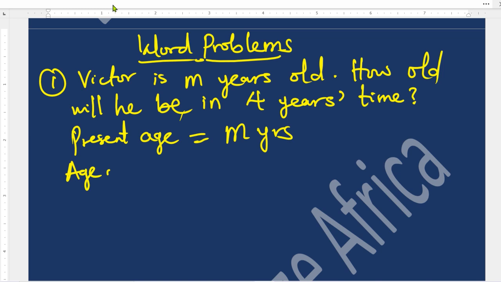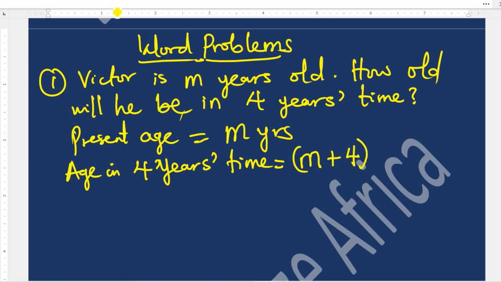Now, age in 4 years' time. 4 years hasn't come. 4 years will come later, which means we need to add 4 years because it has not come, it will come. So his age in 4 years' time is M, that is his age now, plus 4.